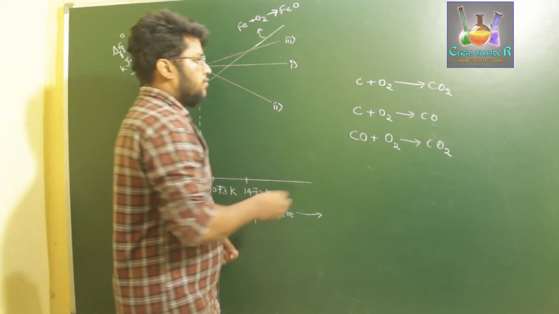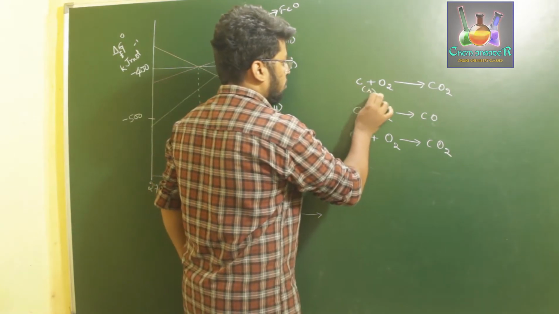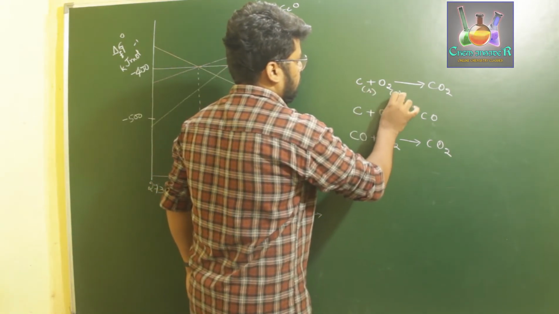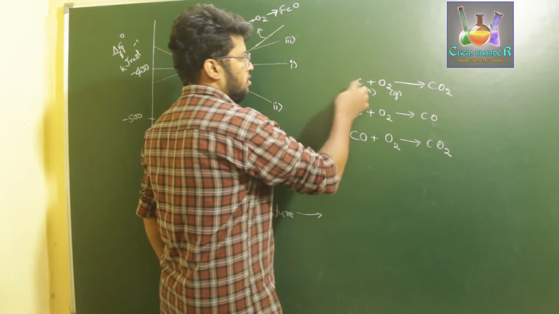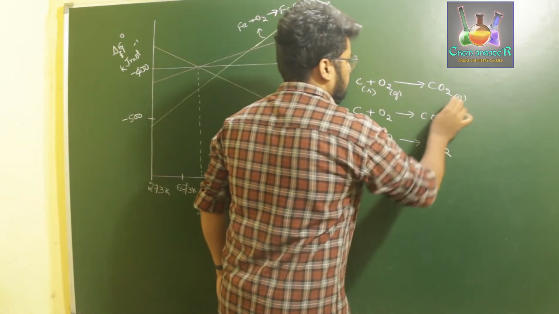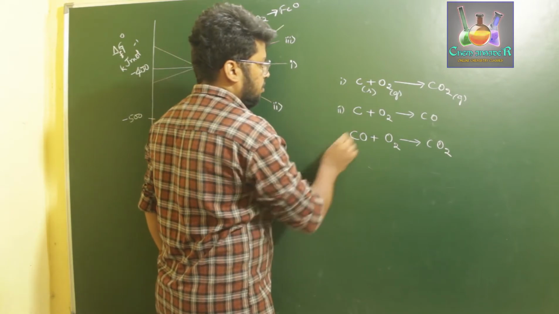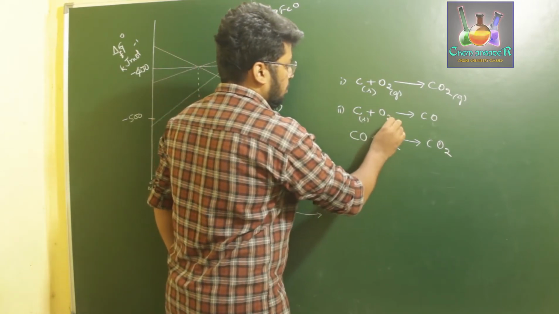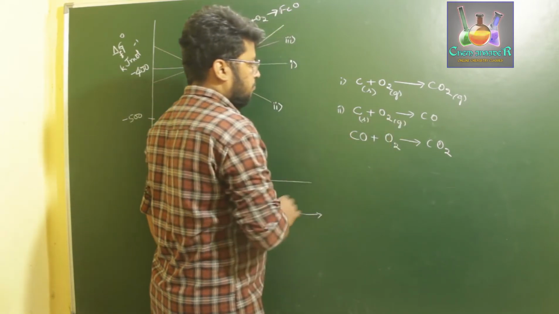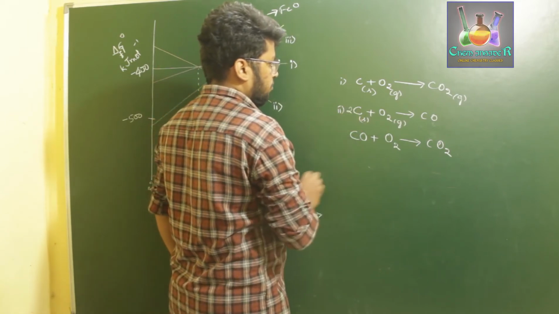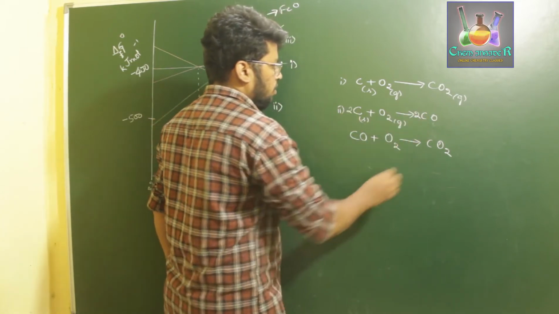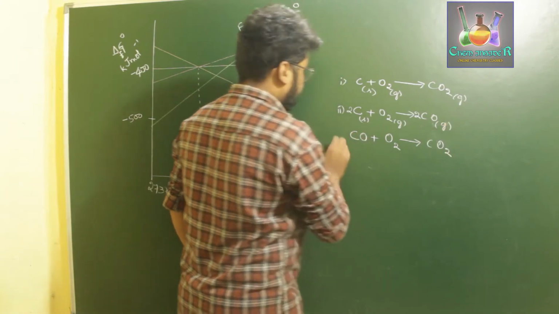If you write the exact physical states, we have solid carbon reacting with gaseous oxygen, and it is 1 to 1, so no need of balancing this equation. This is the first equation. The second equation has solid carbon with gaseous oxygen; if we use 2 molecules of carbon, we get 2CO, again gaseous.